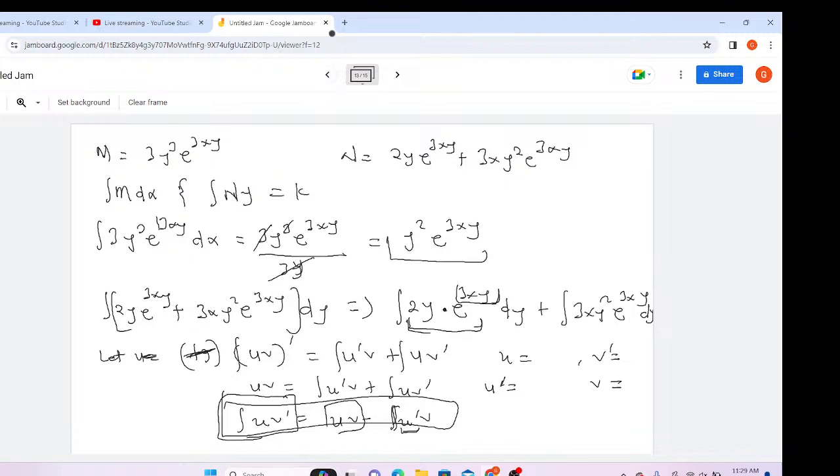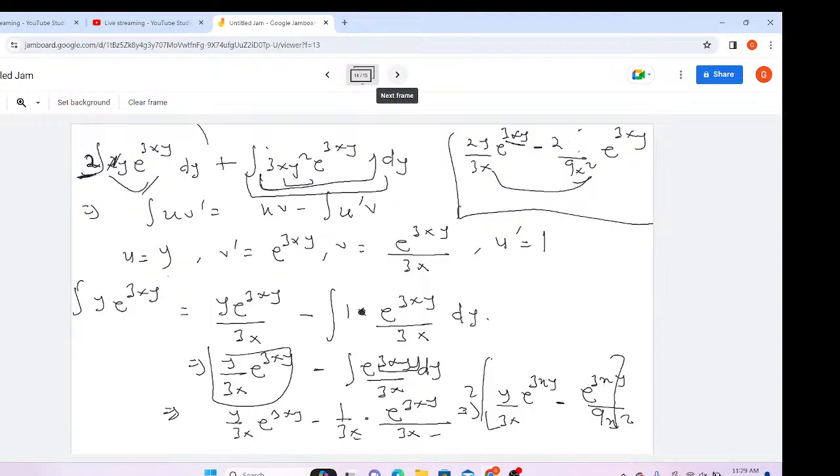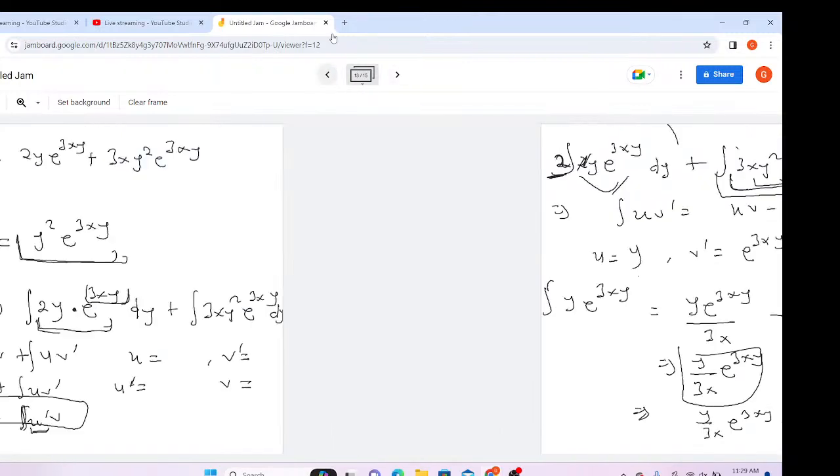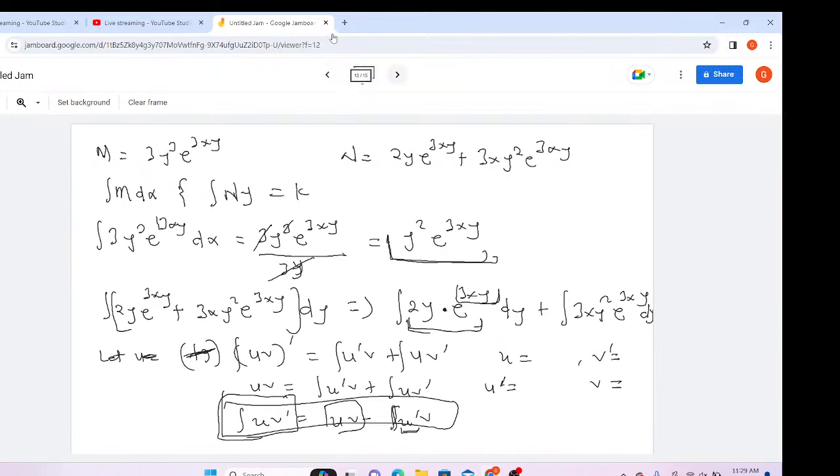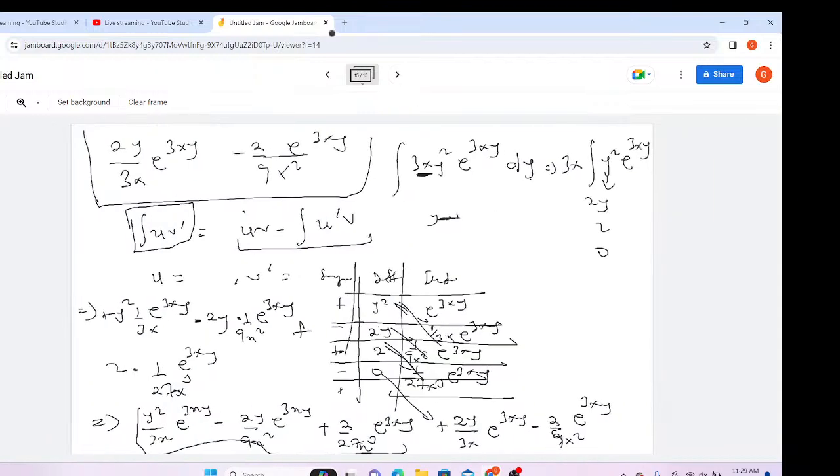So we said integral m dx, we are merging it with our n y. So like how we did the previous one, integral of m dx is just y squared exponential 3xy. So we compare it with our n. So let's take y squared exponential 3xy.